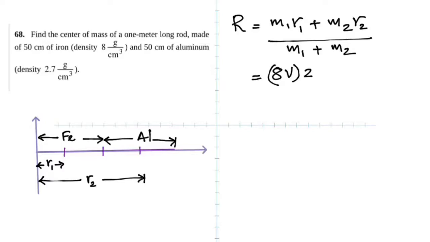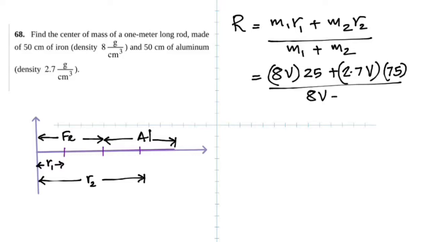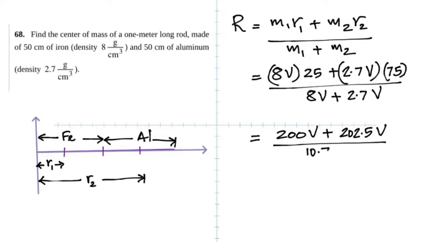It's okay. Times 25 plus 2.7 times volume times 75, divided by the sum of the masses. And when you do the math, the volume is going to cancel out completely at the end.